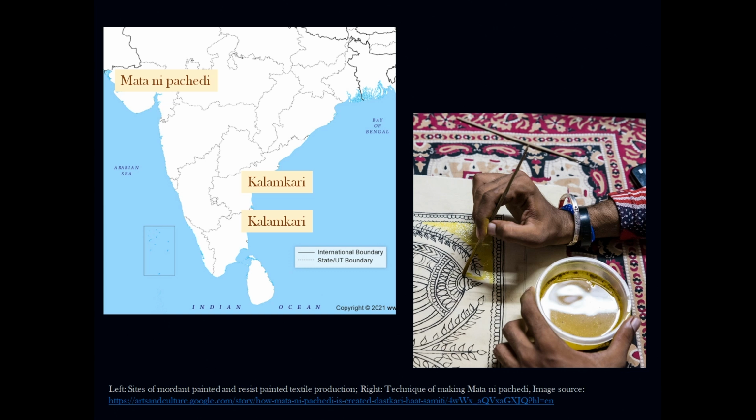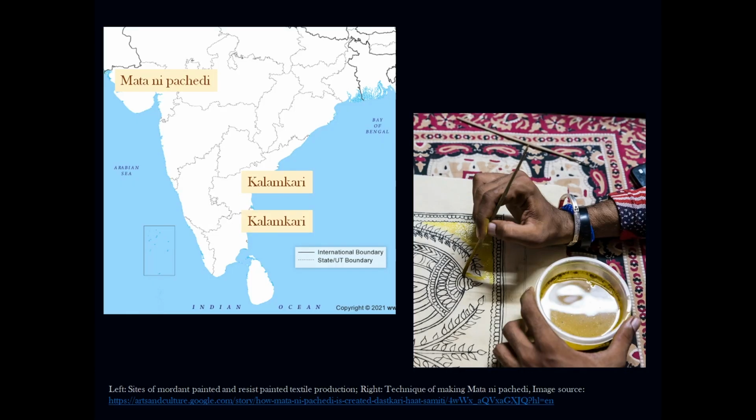There we find the practice of making Mata ni Pachedi, which is done in this way of mordant and dye painting. In this tradition, a very simple bamboo tool is used for making the images.